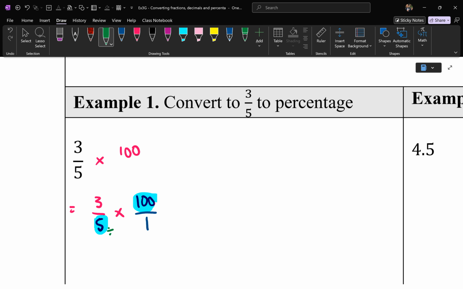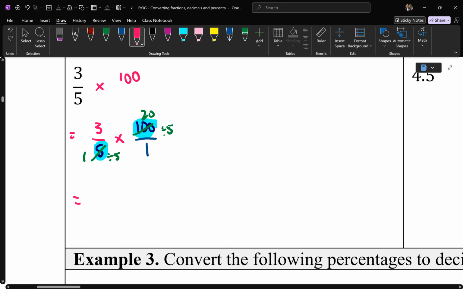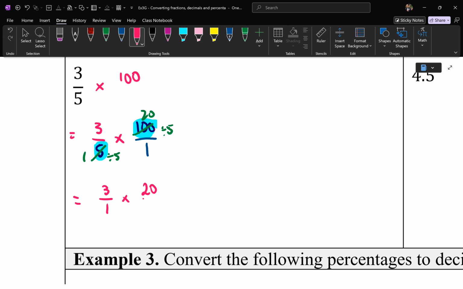How many 5s fit in 5? 1. So this actually becomes 1 now. How many 5s fit in 100? 20. So this actually becomes 20 now. And your fraction ends up being 3 over 1 times 20 over 1, which is much easier than doing 3 over 5 times 100 over 1.